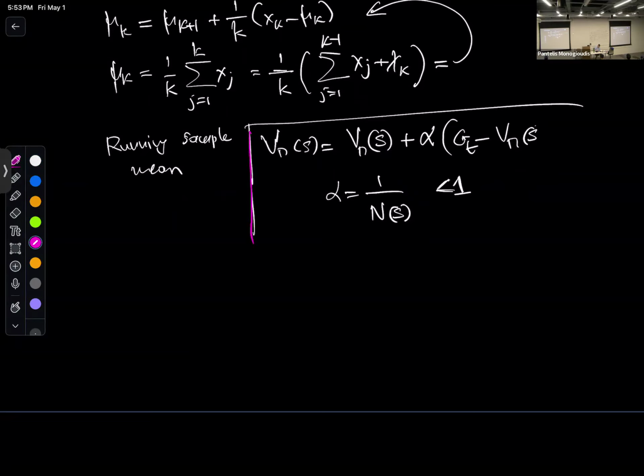This expression governs the value prediction for every state.